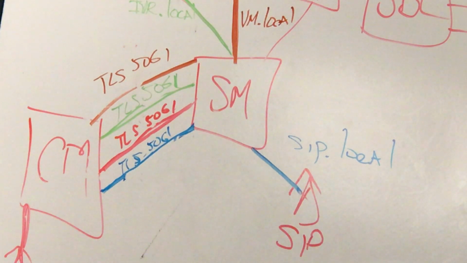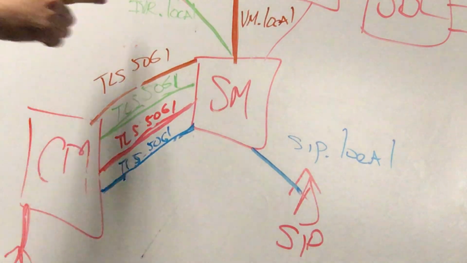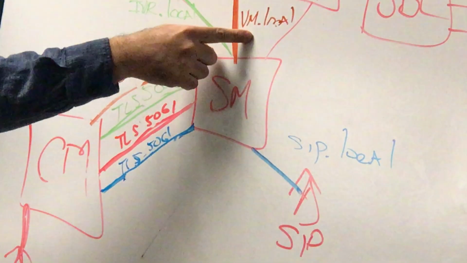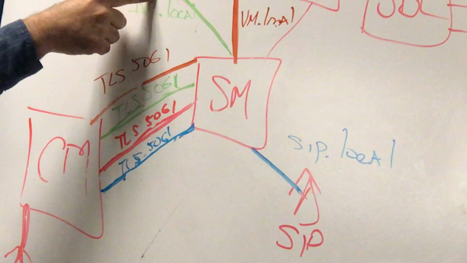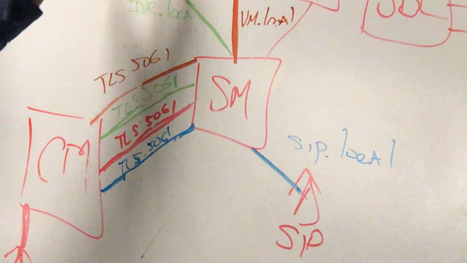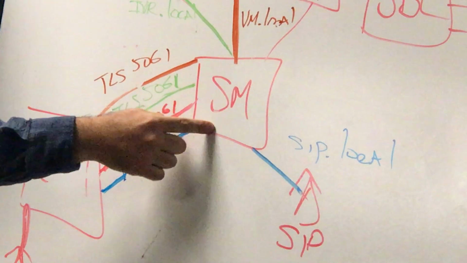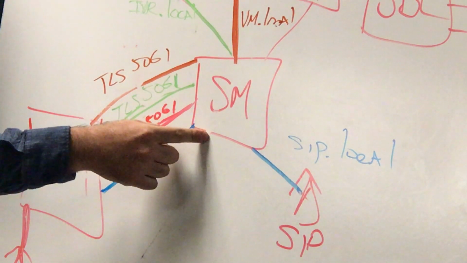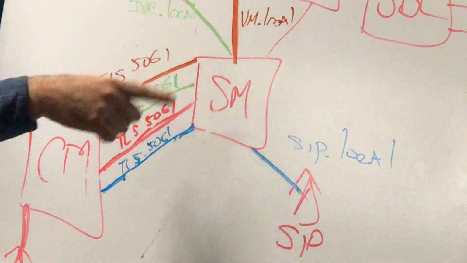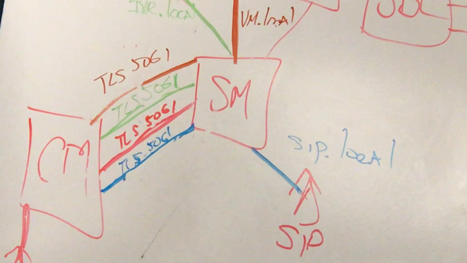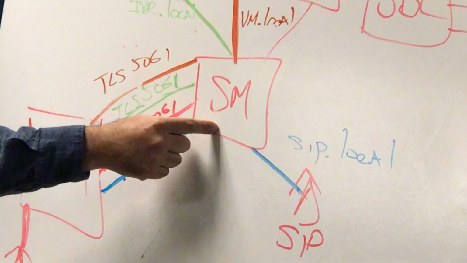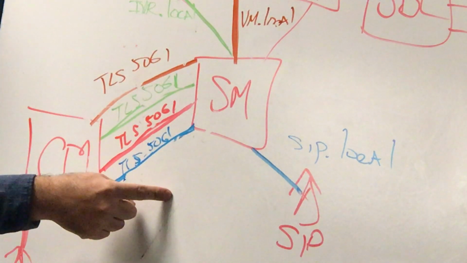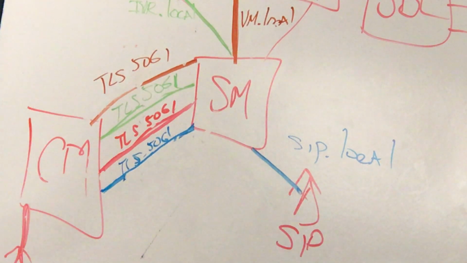But then you make sure this IVR.local or VM.local domain could be changed in the IVR, but there's a good chance that you cannot modify that domain in the IVR. So what you do is modify it in Session Manager with an adaptation, the way I just showed you, with either an incoming adaptation or outgoing adaptation. You modify that domain, and then Session Manager is going to select the SIP trunk that has that domain in the signaling group.